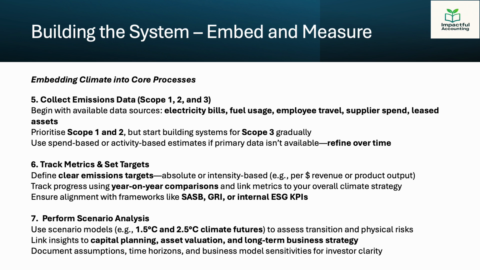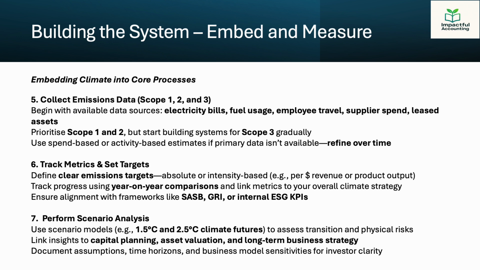Now, once you have laid the foundation for AASB S2, the next step is to start embedding climate in your core systems and processes. This is where data and strategy come together. Let's begin with step five, collect emissions data. You don't need a perfect emission model to start.